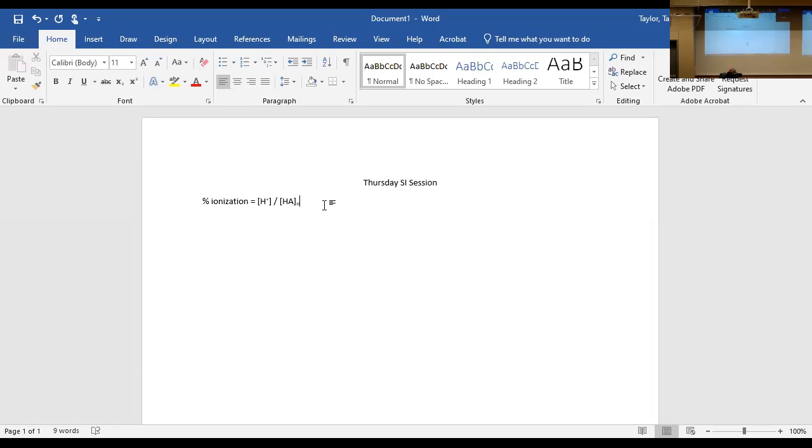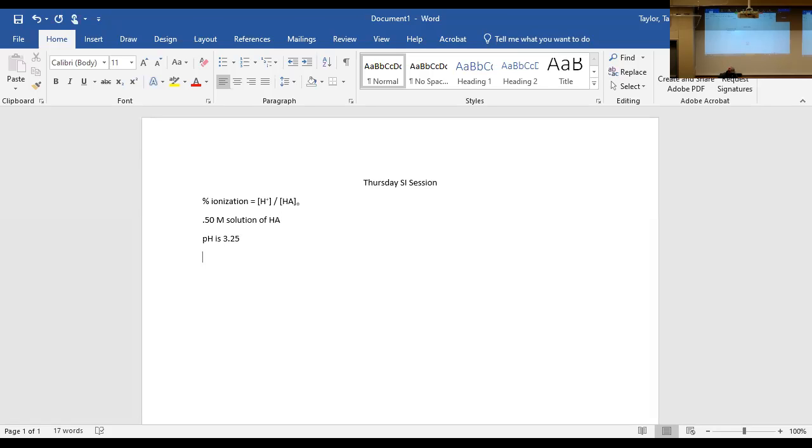The example she gave us was if you have a 0.5 molar solution of an acid, HA, and the pH is 3.25, we're trying to find the percent ionization.